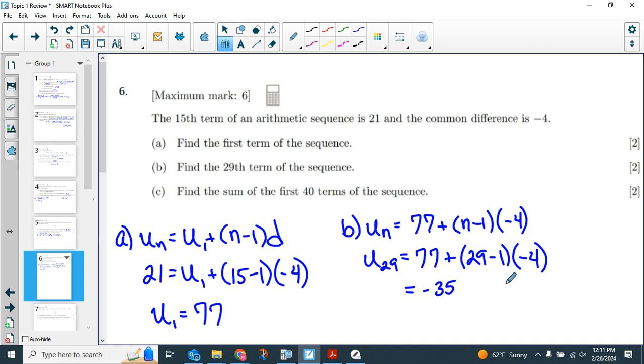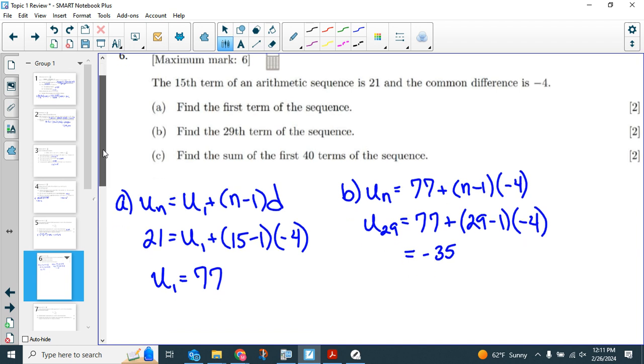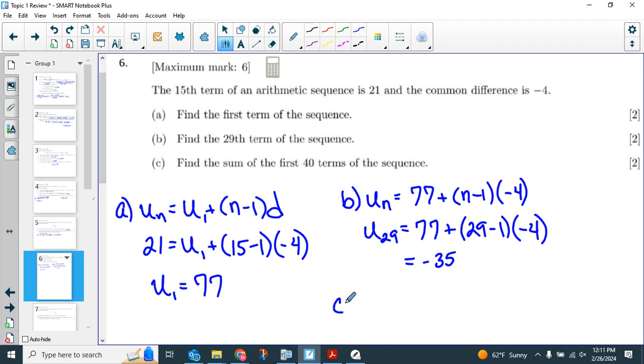All right, find the sum of the first 40 terms of the sequence. There's a couple of different ways to do this. You could use the S sub n formula in your packet, or you could use sigma notation. So you could just say sigma from 1 to 40 of this thing up here, so 77 plus n minus 1 times negative 4.